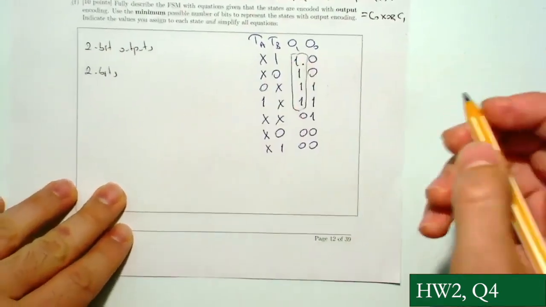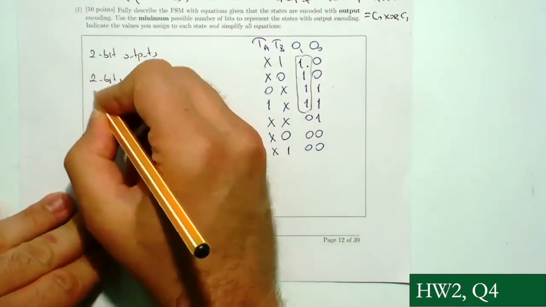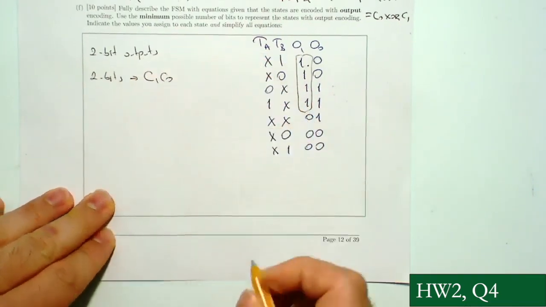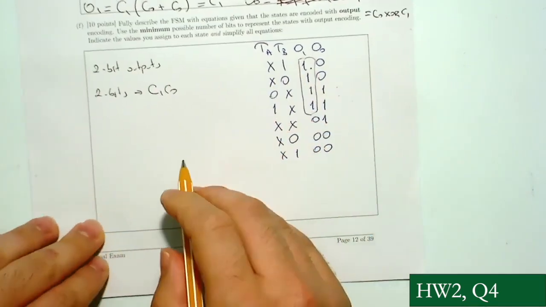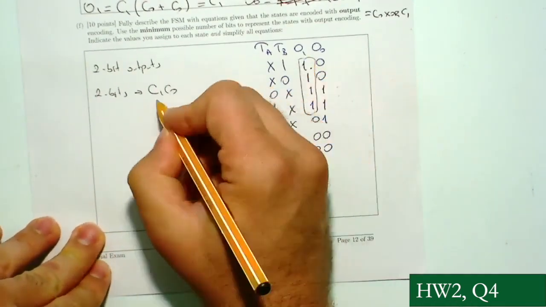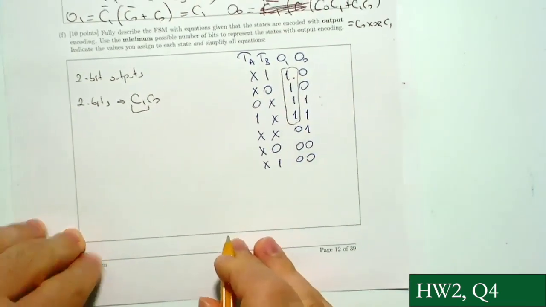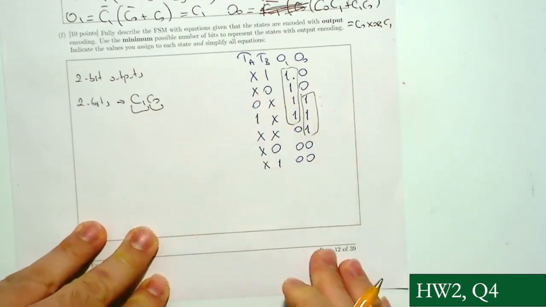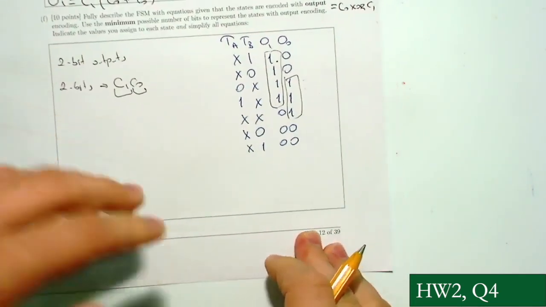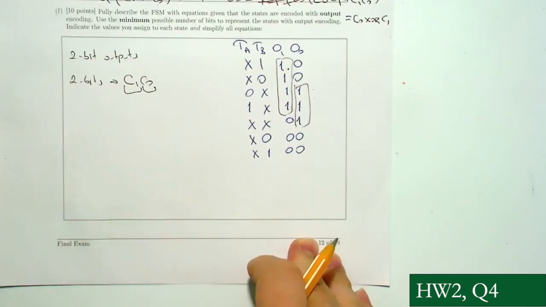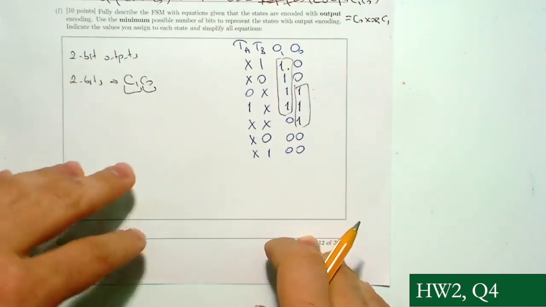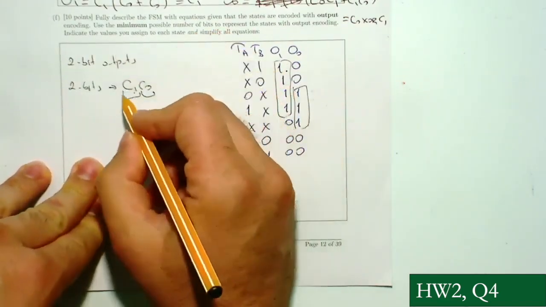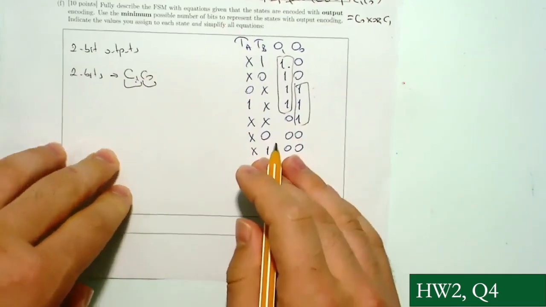So let's say I use 2 bits for the states, C1 and C0. Let's ensure that the output 1 is only determined by C1, and the output 0 is only determined by C0. So how can I write the encoding correctly so that output 1 is only determined by C1 and output 0 only by C0?